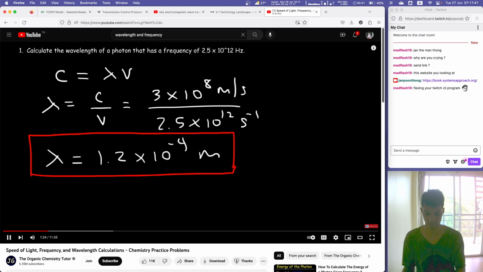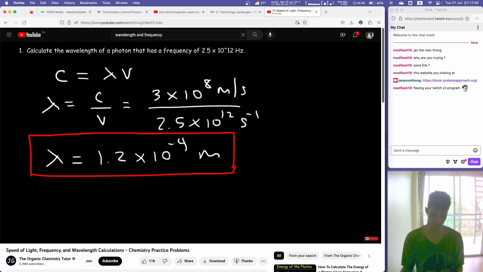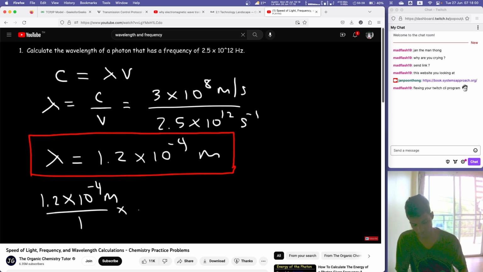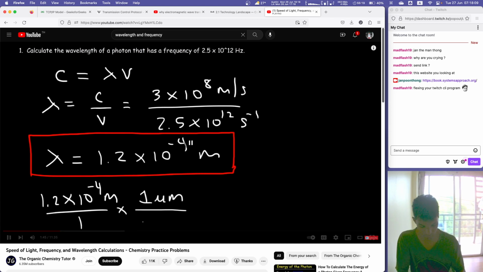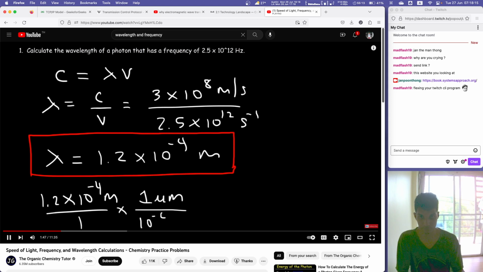Now sometimes you may need to convert it to a different unit because this number is pretty small. So let's convert it to micrometers. How can we convert meters to micrometers? What is the value of 1 micrometer? Micro represents 10 to the minus 6, so 1 micrometer is 10 to the negative 6 meters.